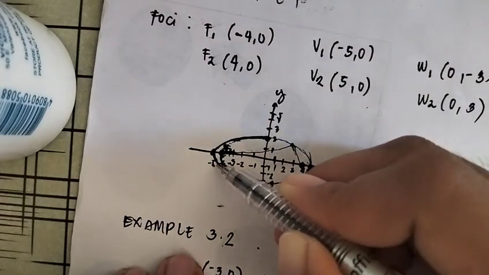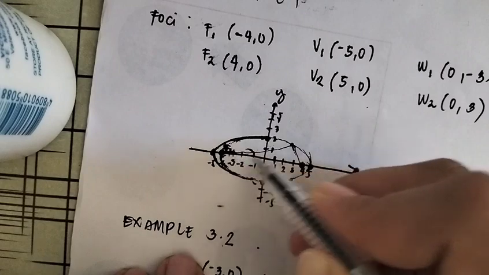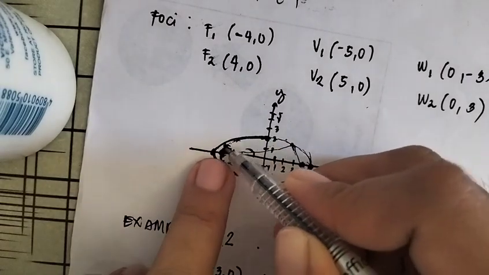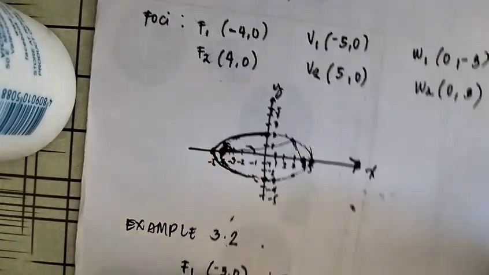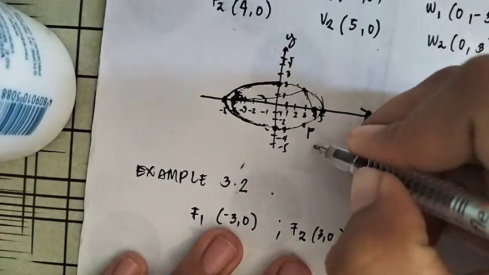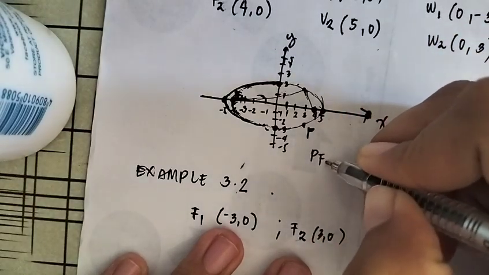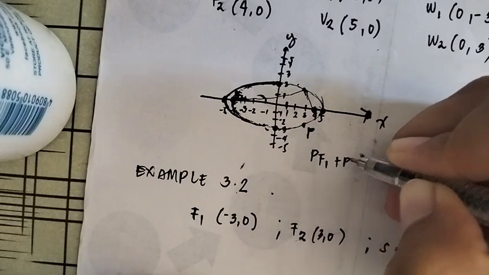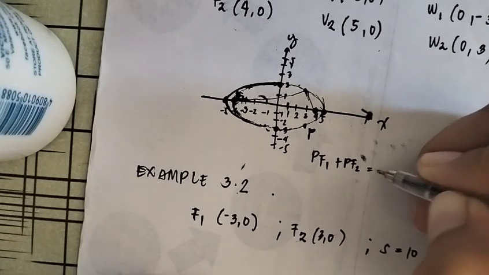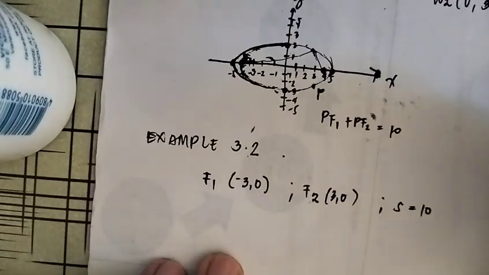So for example, P1F1 plus P1F2 equal to 10.